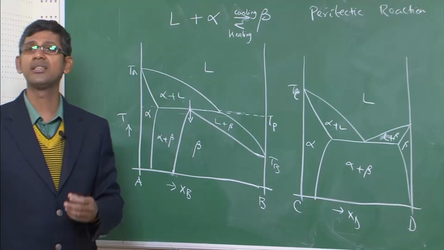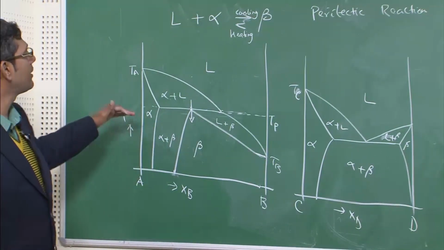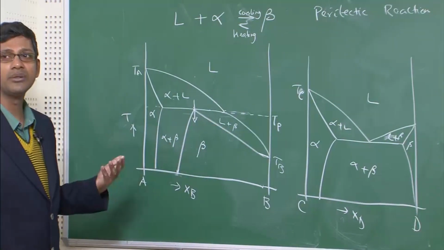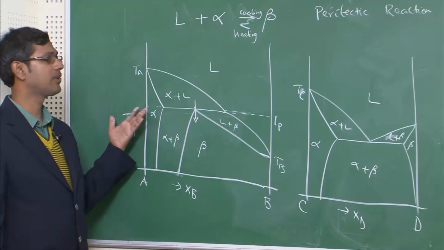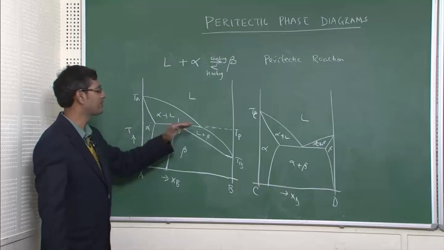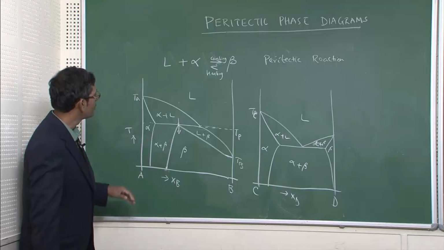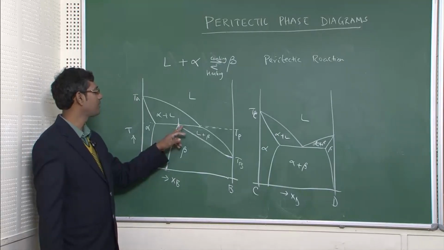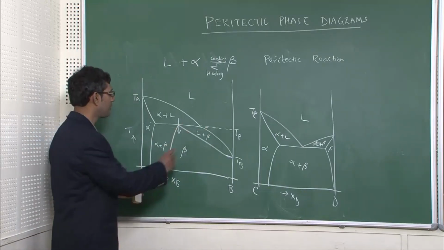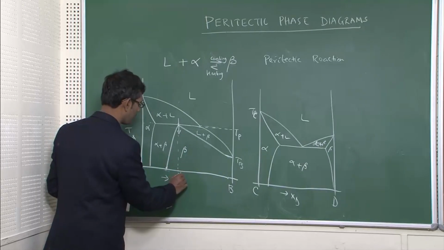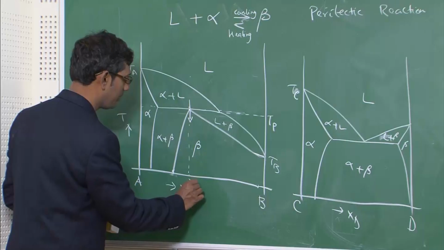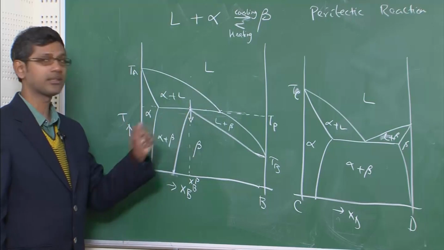I told you earlier that any horizontal line in a phase diagram will give you the idea of some kind of reaction. So at this temperature Tp, at the composition given by this, which I can draw, this is Xp, the reaction happens.